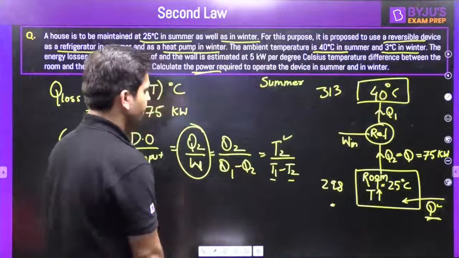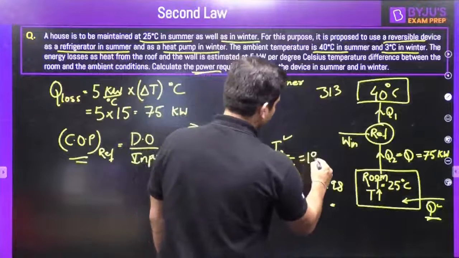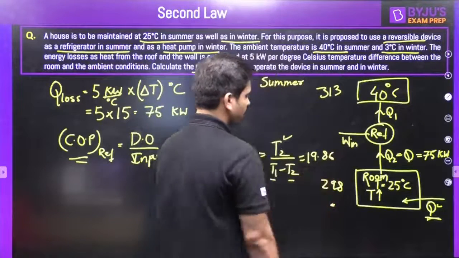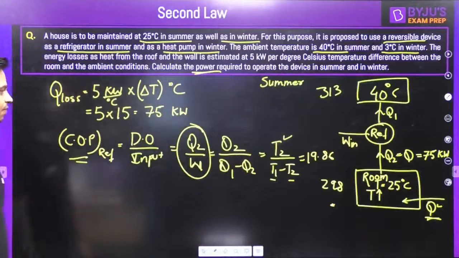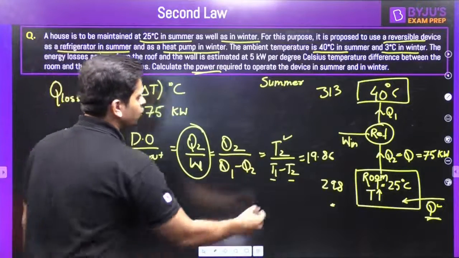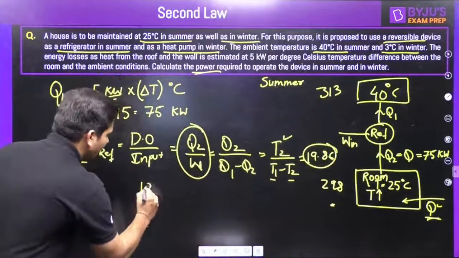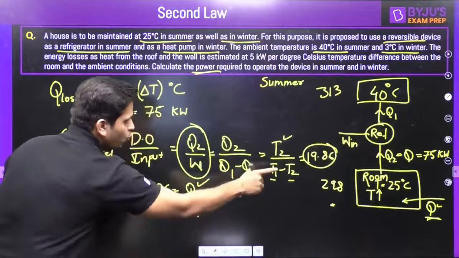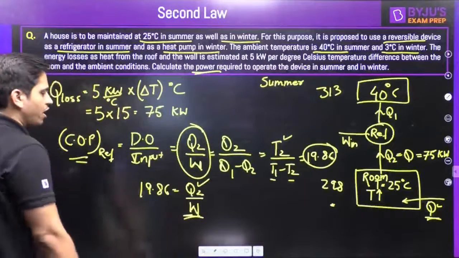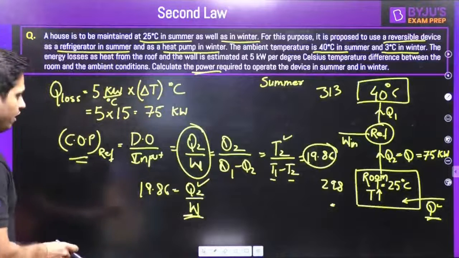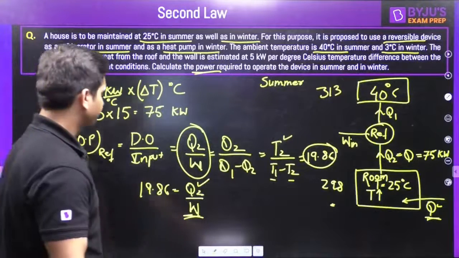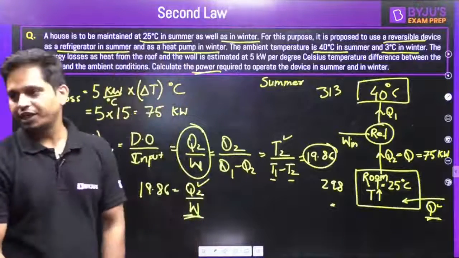Oh, it's really high. Okay, 19.86. That is a really high value. Anyway, once you know this, you can use 19.86 equals Q2 by W. Q2 you know is 75. W you can calculate. Yeah. So W is 3.776. That is correct.